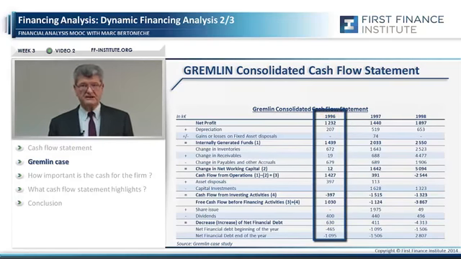What does that mean? It means that Gremlin has a cash surplus of 465. Remember that net financial debt is equal to financial debt, short-term debt, long-term debt, and leasing payments, leasing rent, minus the cash and cash equivalent.